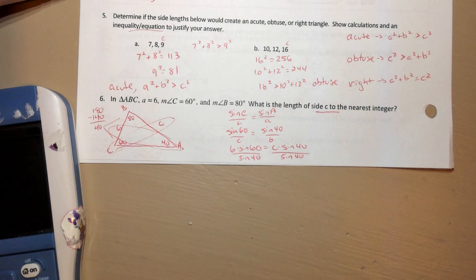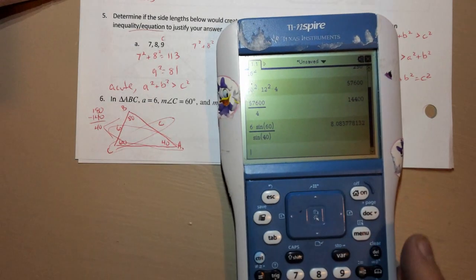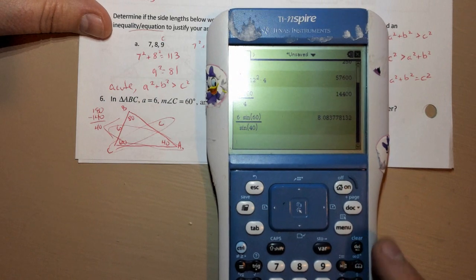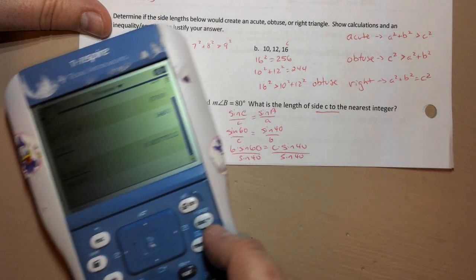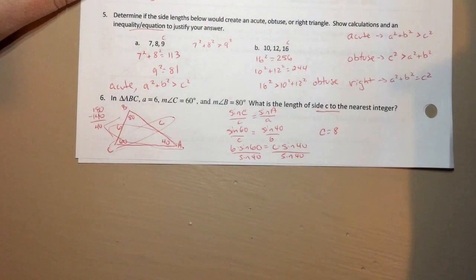So, we'll take your calculator, we can do 6 sine 60 over sine 40, and we get 8.08. It says nearest integer, so C would equal 8. And if it's got units, those units go down.